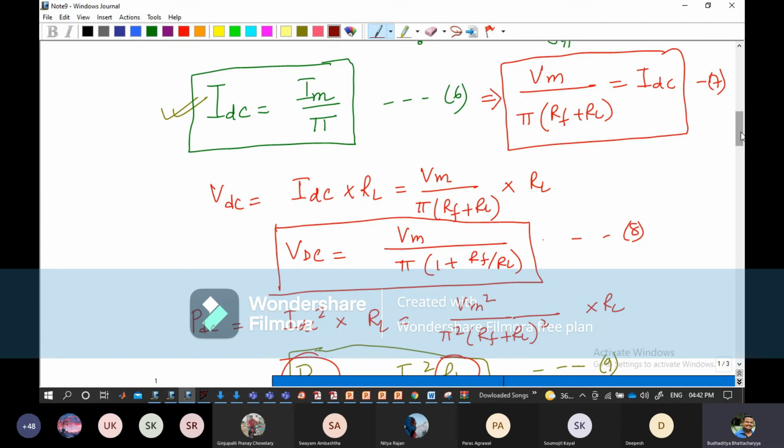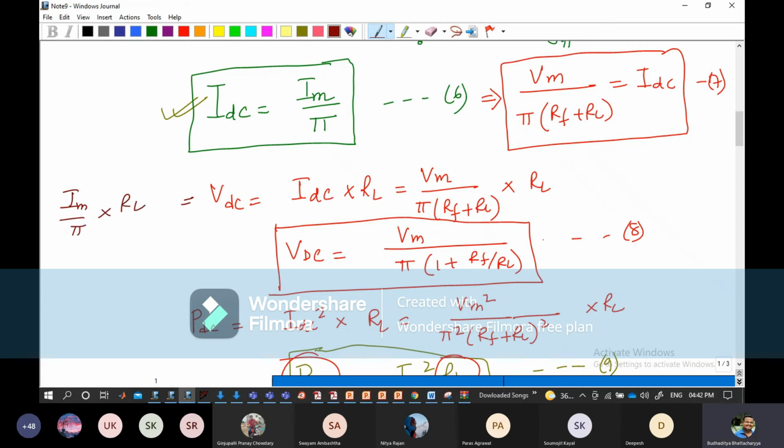Any specific equation that you observe that we can use? Can I write it over here? VDC, IDC is Im by pi into RL. So this is one of the cases.